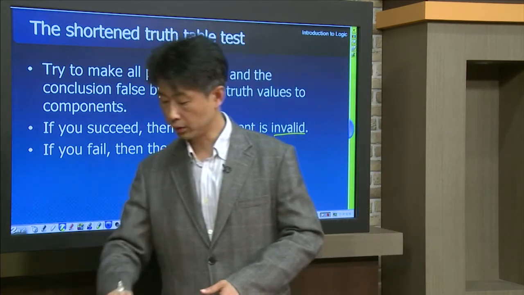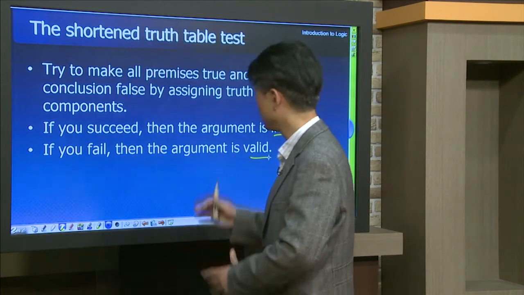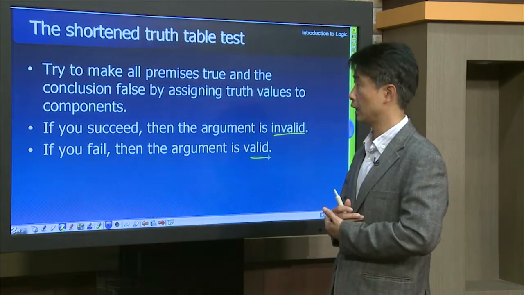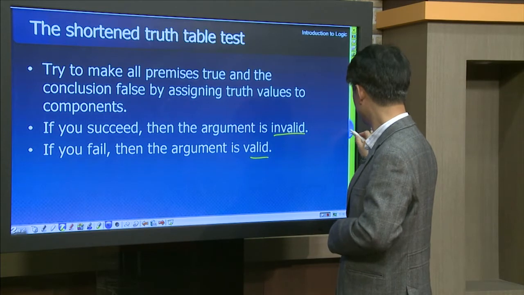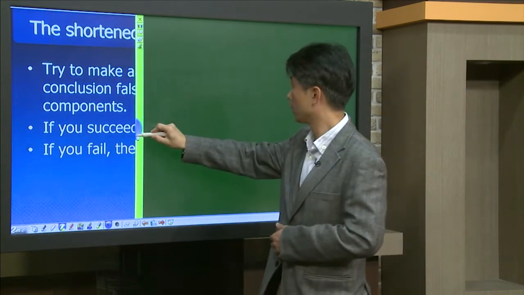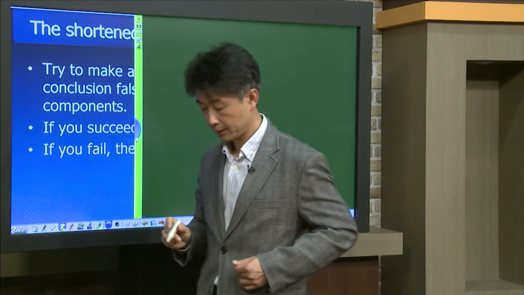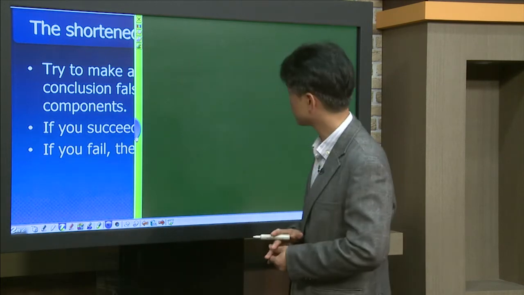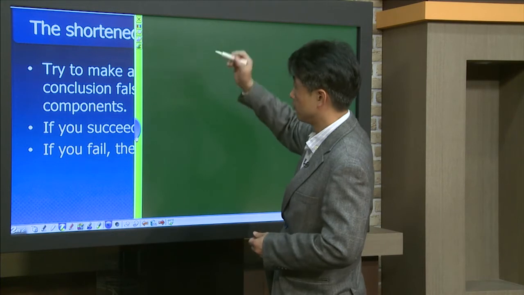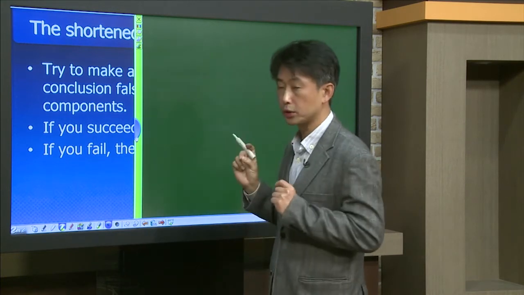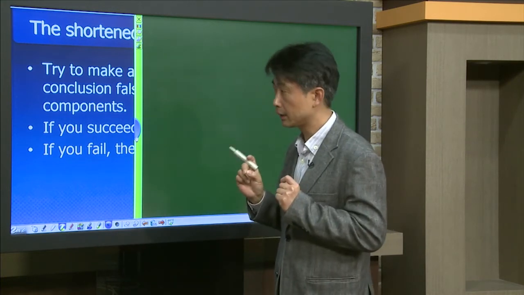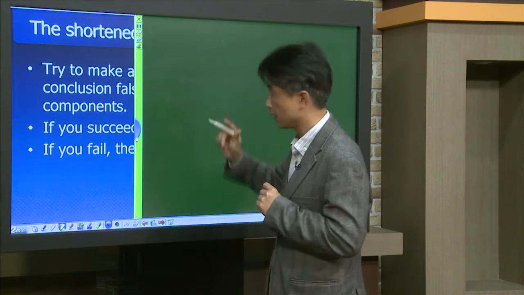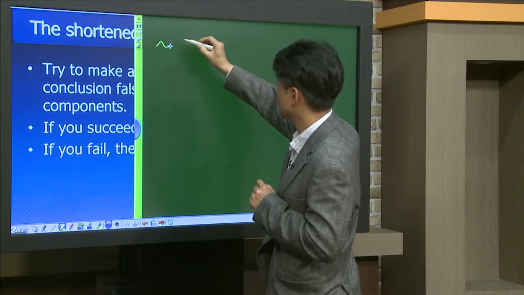Let's work on an example to illustrate the idea. Here is an example from the textbook. First, for the shortened truth table method, you write down the premises horizontally.